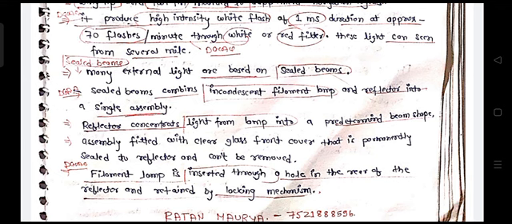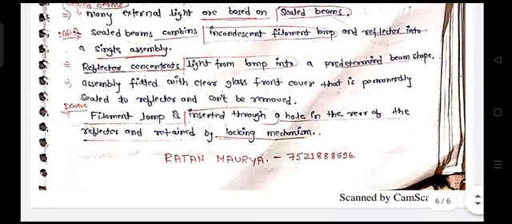Just like we have a reflector behind every torch in our house, there is a reflecting material you must have seen behind the bulb or the LED, which will reflect all the light and point it in one direction. It will converge all the light and make a focused light. That's the reason the reflector is used.